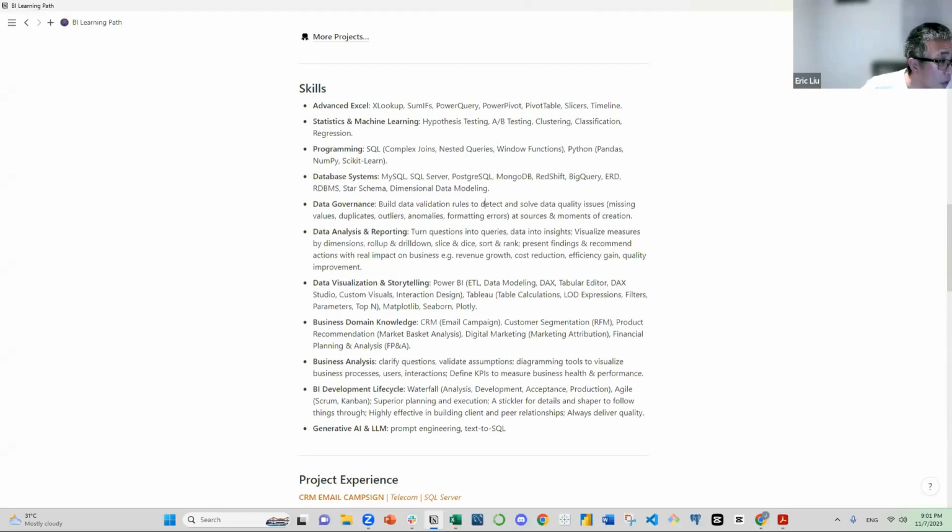Okay. Question from Vernal: is data governance the same thing as data wrangling? No. Data wrangling is data management, data manipulation. So for instance, you can change the shape of data from wide to long or long to wide, like pivot, unpivot.